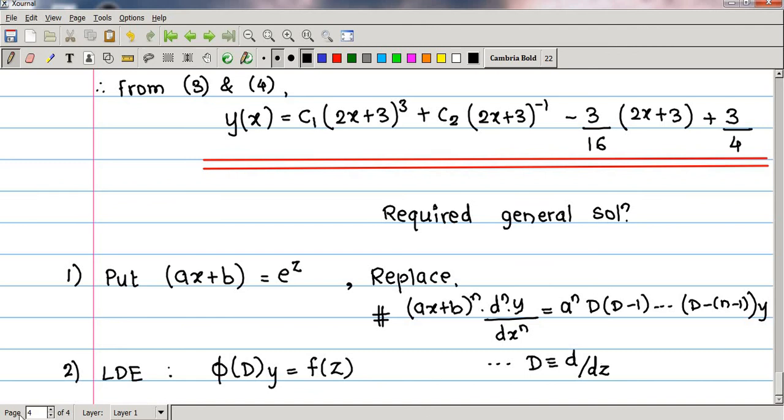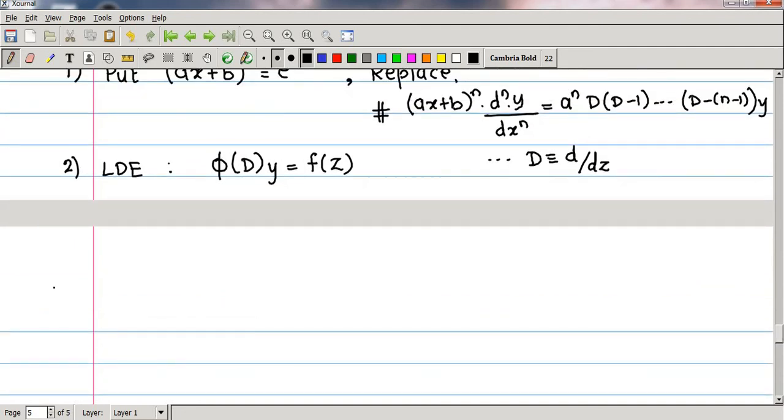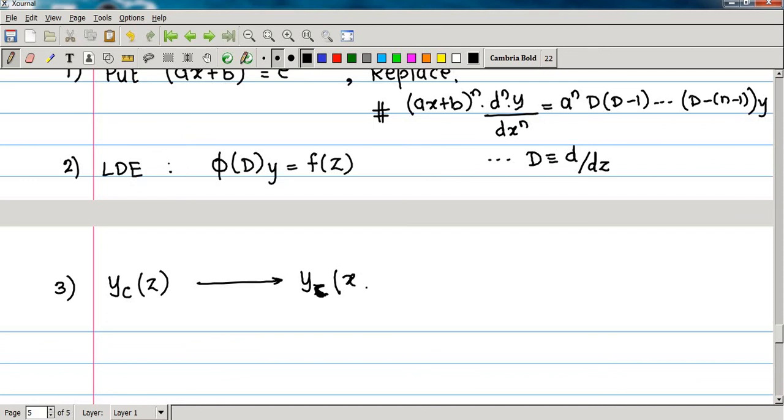Then in step 3, find the complementary function and particular integral. So find the complementary function in terms of z, replace z by log of ax plus b, and then find the complementary function in terms of x. Similarly, find the particular integral in terms of z, and replace z in terms of x.